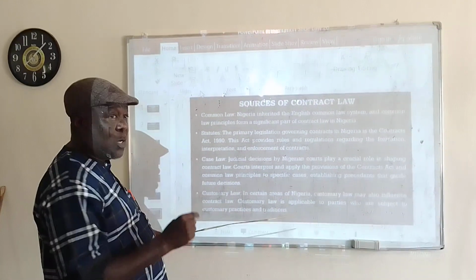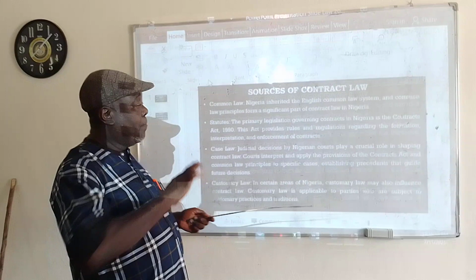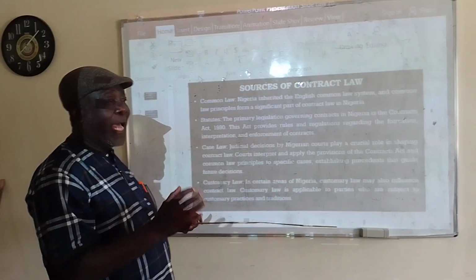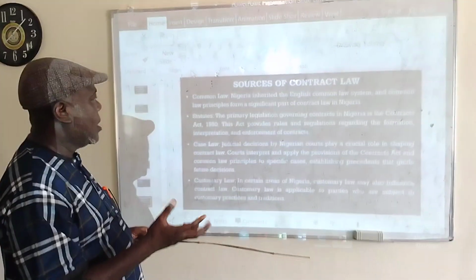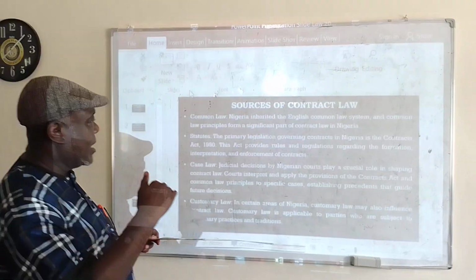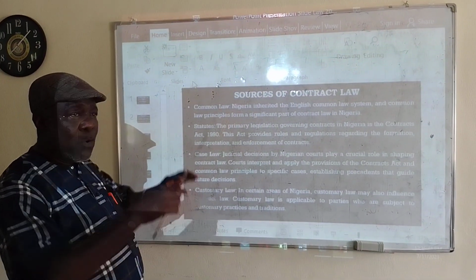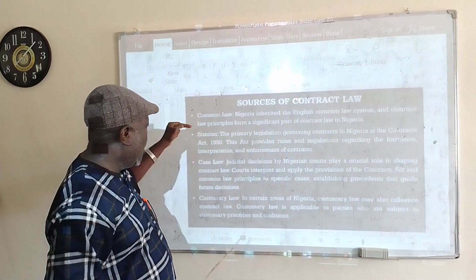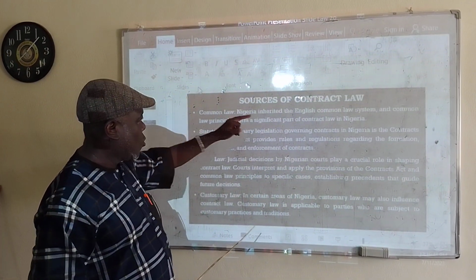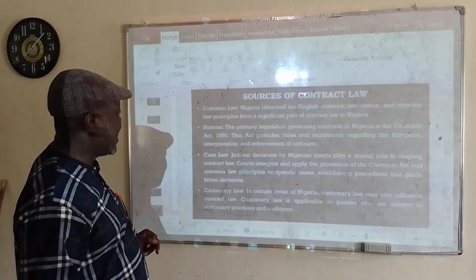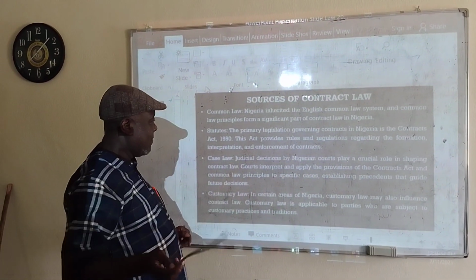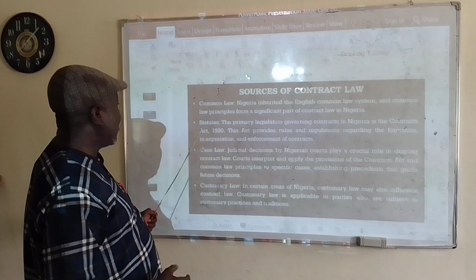The Nigerian Constitution 1999 as amended is the grundnorm and contains certain provisions that make it mandatory that any other law or statute that relates to contract must conform to the Nigerian Constitution. So please bear that in mind. I don't have it here, but I feel I should let you know.